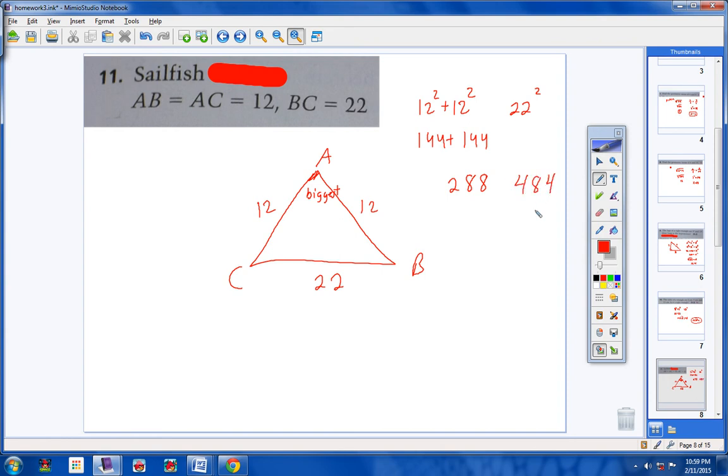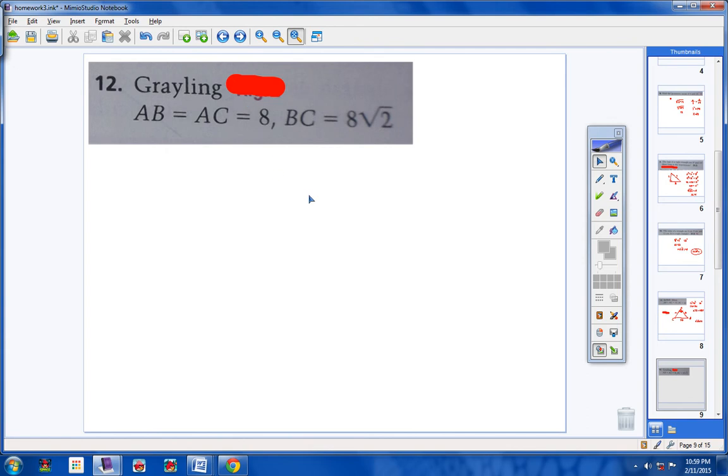So guys, obviously we do not have a right triangle because the two sides are not equal, okay? The left side is smaller than the right side. That means I have an obtuse triangle, okay? Now if I have an obtuse triangle, that means one of my angles is obtuse, and it has to be the biggest angle. Well, A is my biggest angle, so A has to be my obtuse angle. So angle A is an obtuse angle. Alright, let's take a look at number 12.